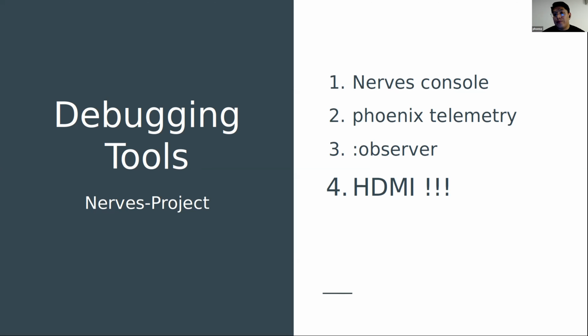So you will need to build a custom system, a custom Buildroot system, in order to have that package from Linux in your Nerves. And sometimes that will not be easy. So you will need to just debug in the simplest way.